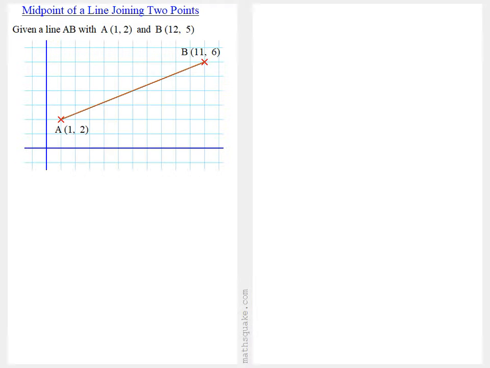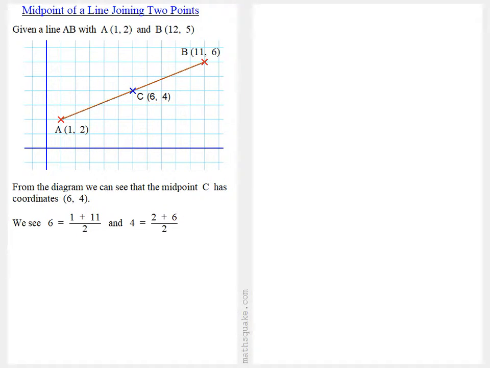The midpoint of a line joining 2 points. Given a line AB with A (1, 2) and B (12, 5), we can see if we draw in the midpoint C, it will have coordinates (6, 4). Now we see 6 is equal to 1 plus 11 over 2, and 4 is equal to 2 plus 6 over 2.